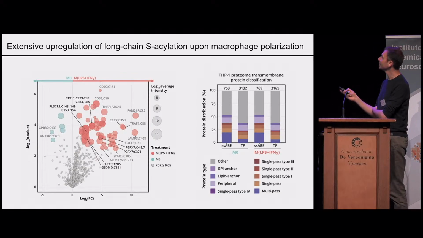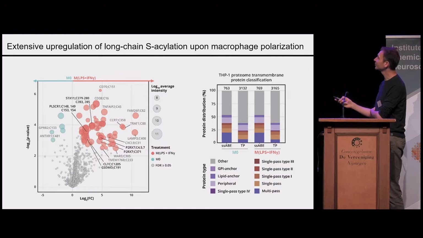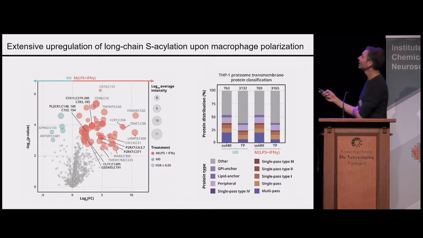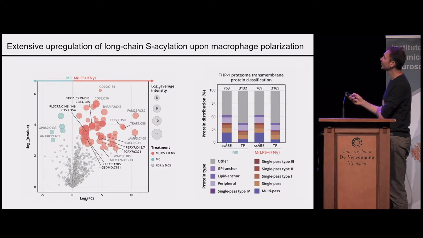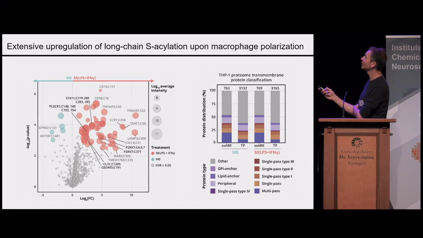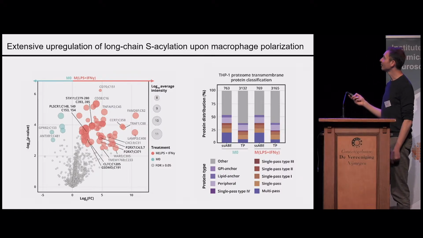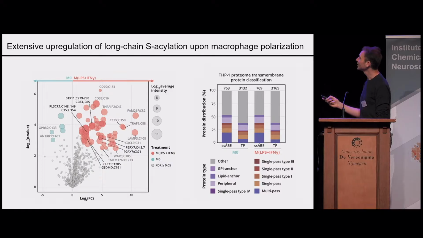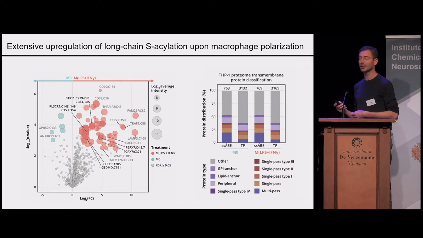When we did this lipidation analysis, this is quite a complex figure, but I'll talk you through it. Every dot is a specific lipidated site, and here we compare the M0 versus the LPS and interferon gamma stimulated macrophages. I hope you can appreciate that we saw quite a large elevation of this lipidation in these M1 macrophages versus these M0 macrophages.